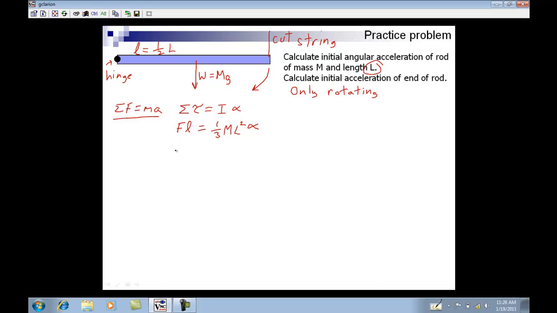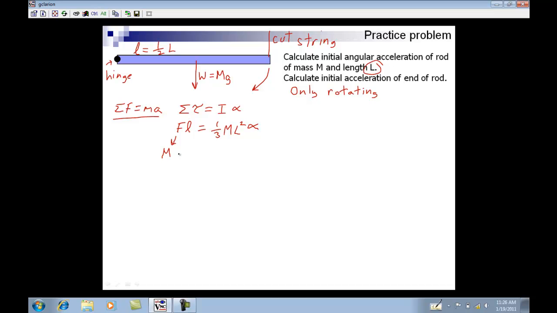All right. So this force here, I only have one force. What's the force that this object is experiencing? This weight. Well, actually, there's a force from the hinge, but we'll make that the axis of rotation. So this F actually becomes mg.